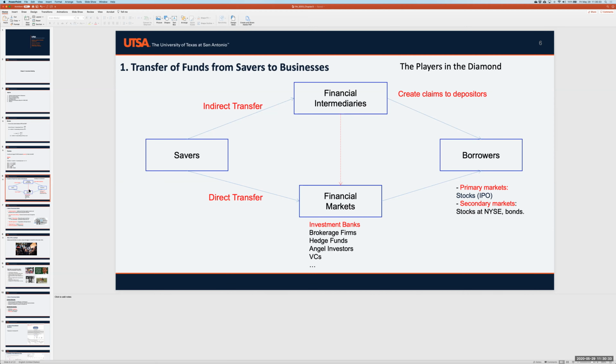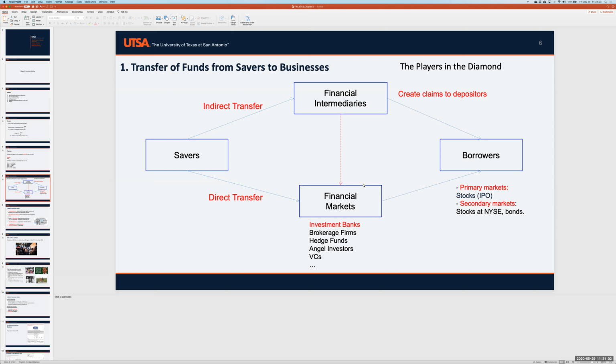Okay, this is the big picture. I always show this picture to you. You will see this figure many times, and this is just the summary of finance. We have savers, we have borrowers, and we have financial intermediaries, we have financial market participants, and there are some relationships between those players, right?